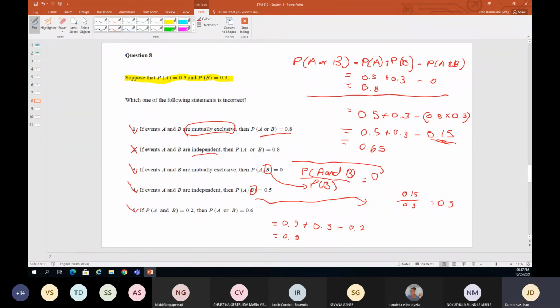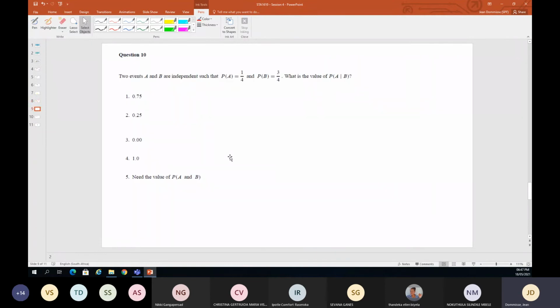Okay, cool. So let's go to the next question. Again, here they give us probability A, probability B. What is now interesting is that we used to work with decimal numbers, and now suddenly they throw in fractions as well.